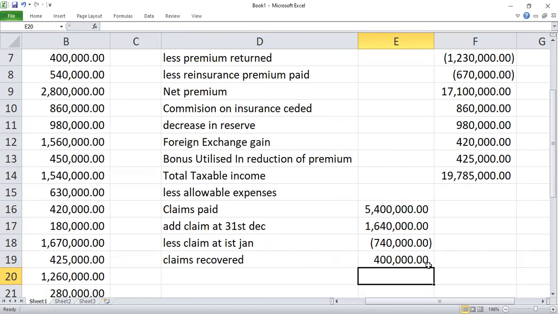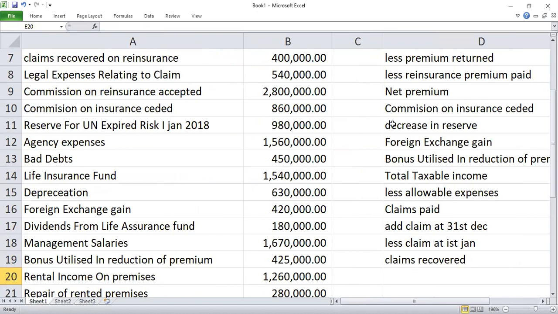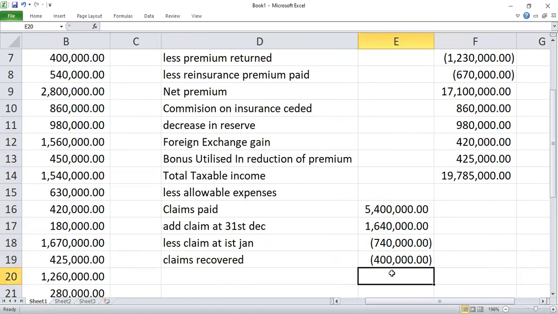It should be a subtraction because it is claims recovered on reinsurance. So we need to subtract that. We are going to less the claims recovered on reinsurance.